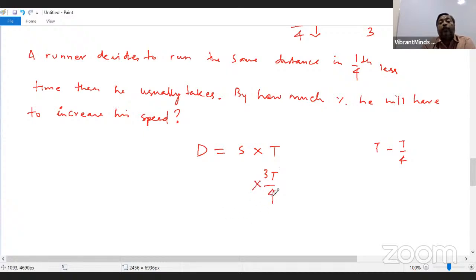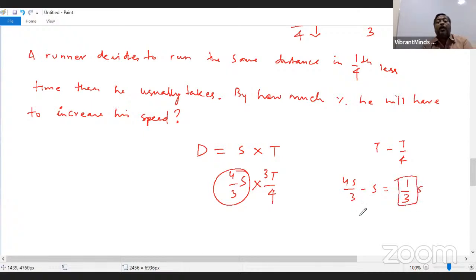So 3/4 T, that means a reciprocal of this would be the speed, that is 4/3 S. Then only this 3 and 4 will get cancelled. So he will have to increase his speed by how much? So 4S/3 minus S, that is 1/3 S. And 1/3 means how much? That is 33.33%. That is only you have to analyze.